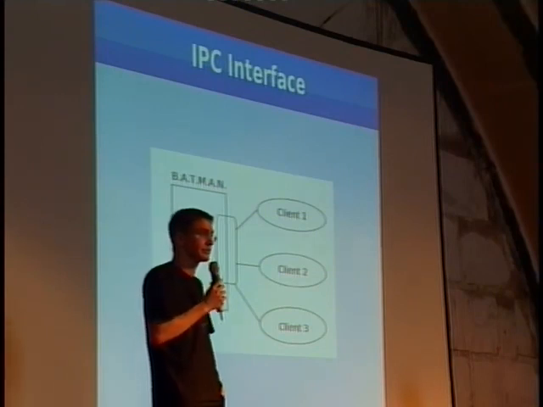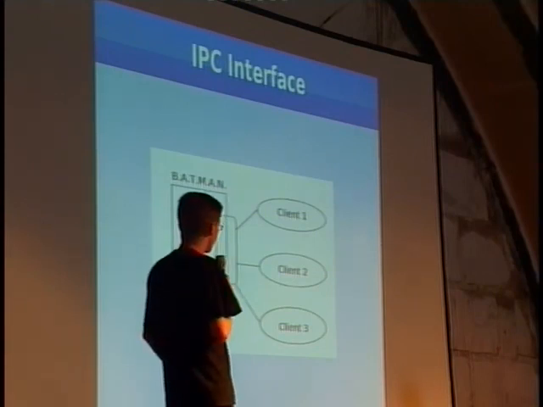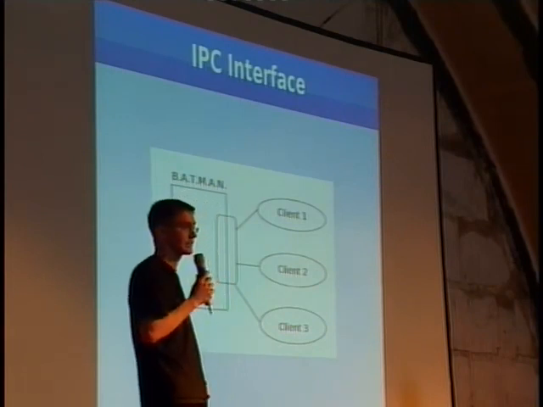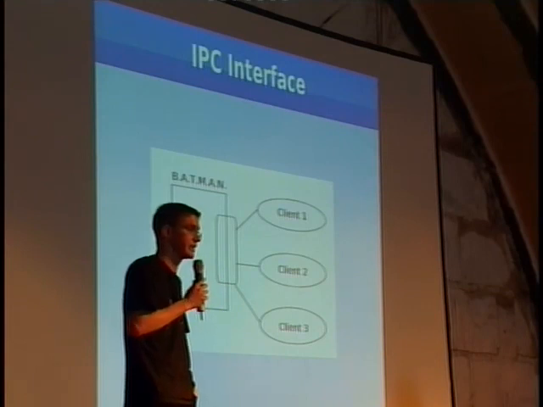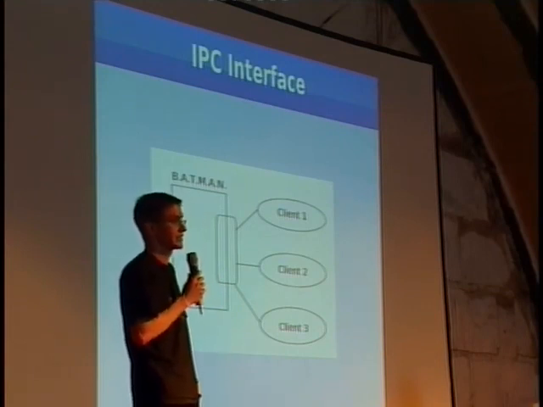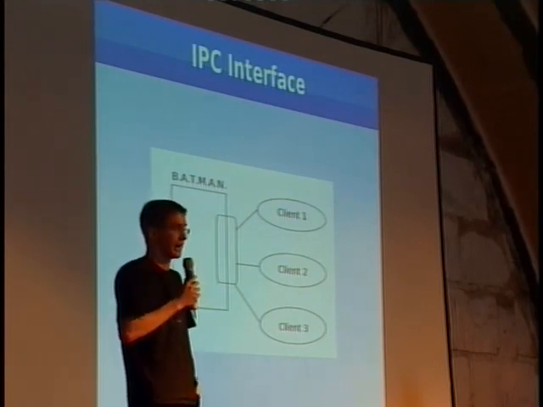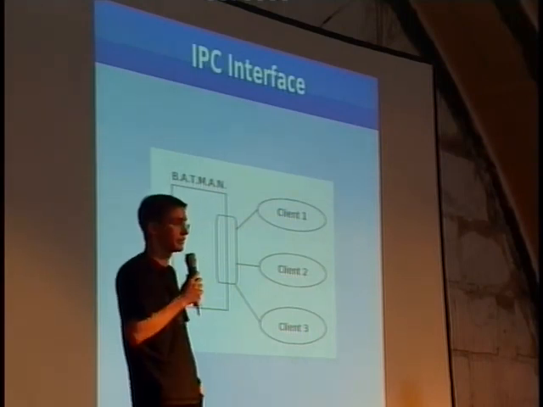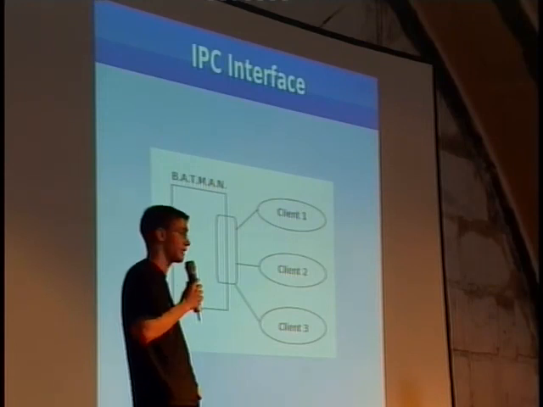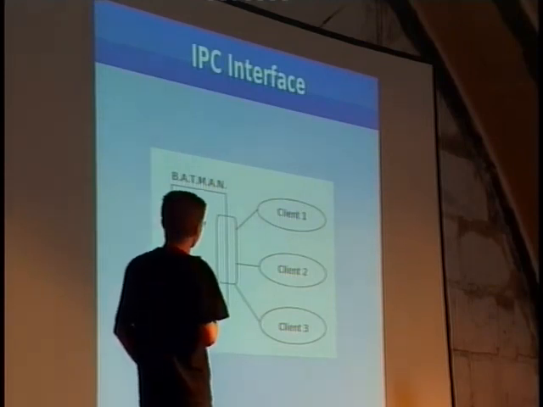You can have multiple connections at the same time. The main purpose was that we have many debug information, and very often to get this information we had to restart the daemon to start it with a debug level. And now we can just connect and say which debug level we want, and then it will start spitting out the debug information. Maybe go to the next slide.